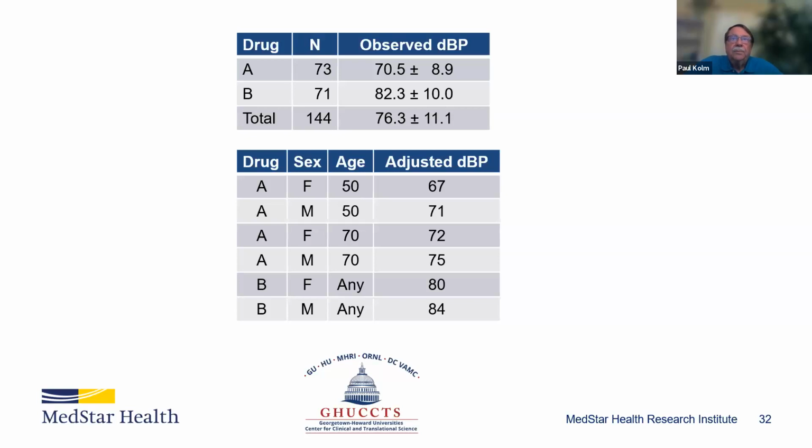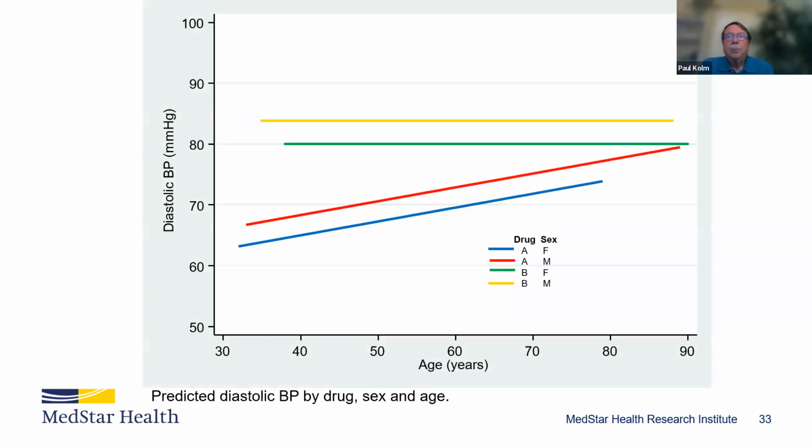For males, on the other hand, you can see that the difference is not so great at age 50 and at age 70. The best way to see this is to plot the predicted values, or the adjusted values, for the combinations of drug, sex, and age. In this case, since age is continuous, we'll plot the change in diastolic blood pressure over age.